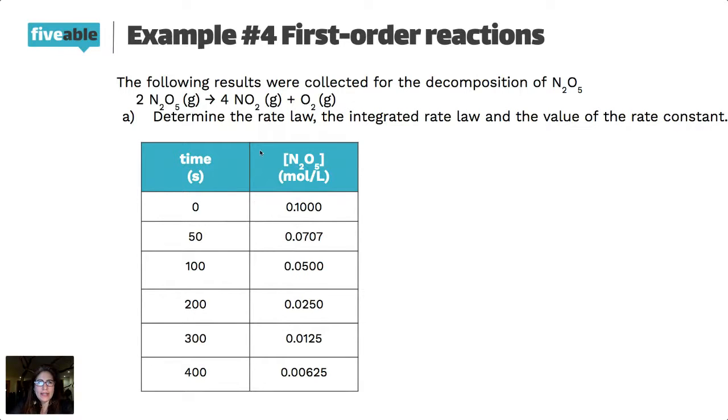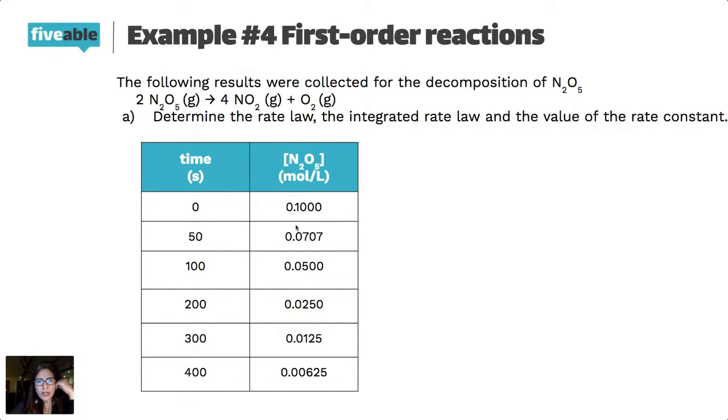In this case, they're asking you to determine the rate law, the integrated rate law, and the value of the rate constant. Now, we don't have the initial rate, so we cannot do the other method, the differential rate law, which is used when we have several experiments with the initial rates.